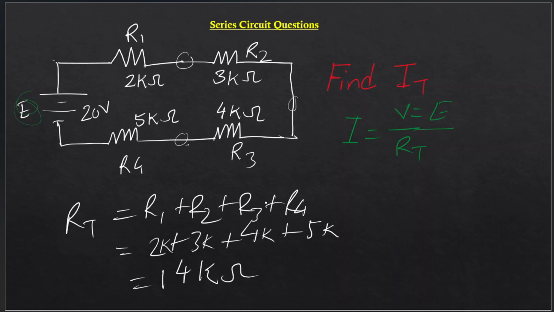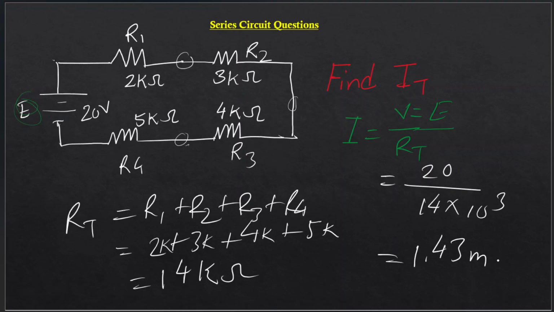Now putting the value of E equal to 20 volts, so 20 over RT, 14 kilo ohms. Kilo ohms means 14 times 10 to the power 3. So we have 20 over 14 times 10 to the power 3, equal to 1.43 milliamperes. That is our answer. That's IT. You can put IT here.